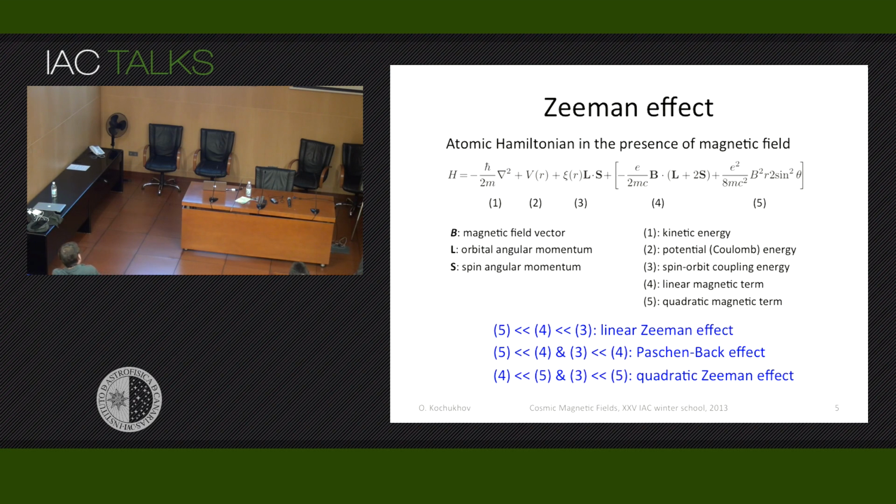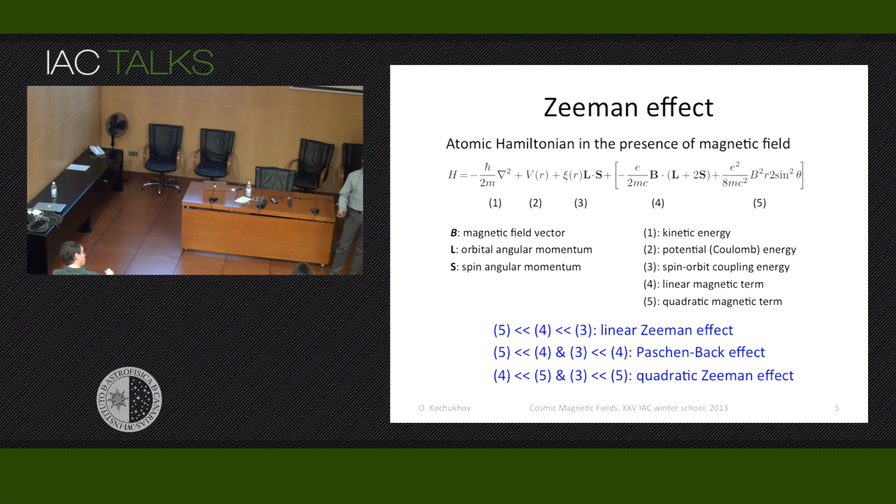That determines how our polarization spectra look and what kind of theory we need in order to model observations. In particular, if we have a situation when this term, number 4, the term responsible for the linear Zeeman effect, is dominating over the 5th term, over the quadratic Zeeman effect, and still this term number 4 is much smaller than the spin-orbit coupling.